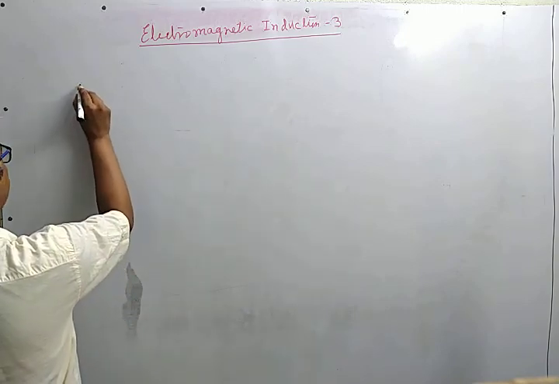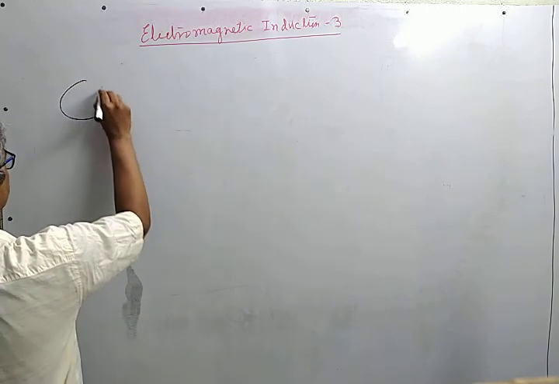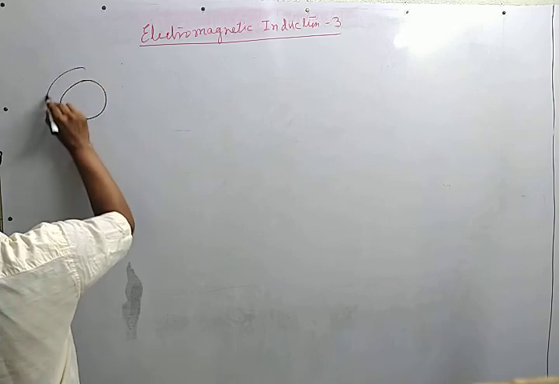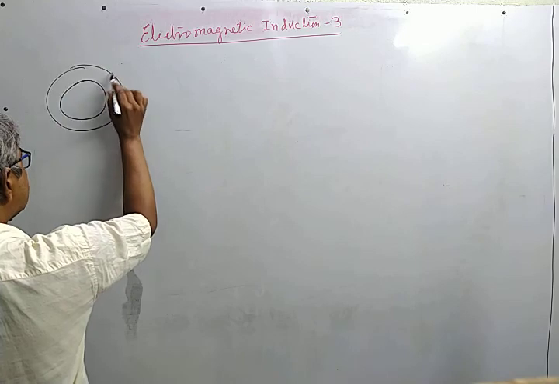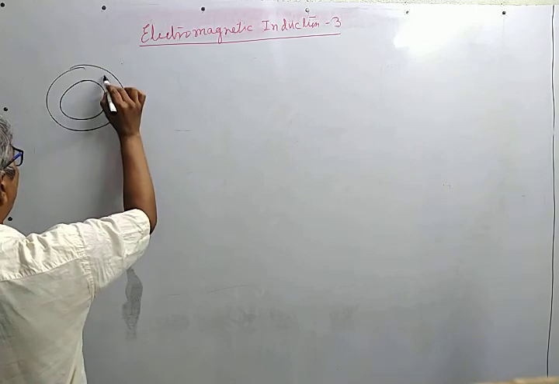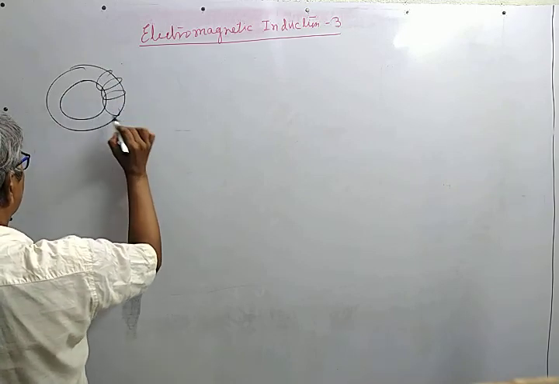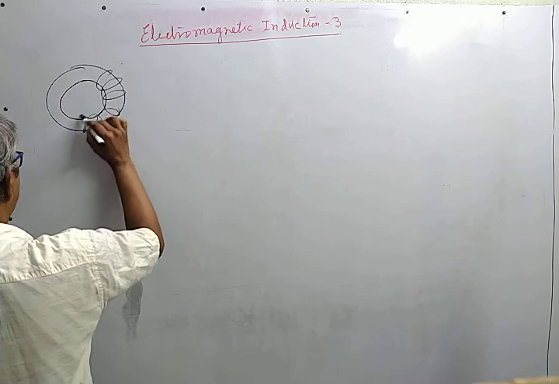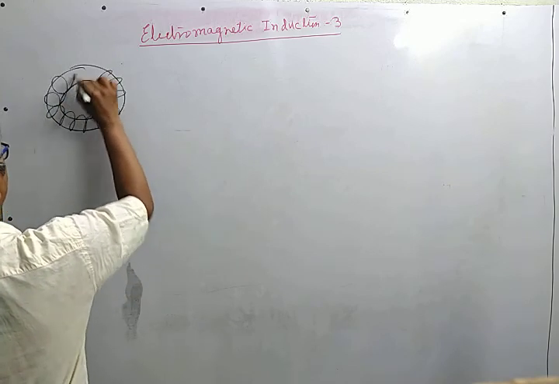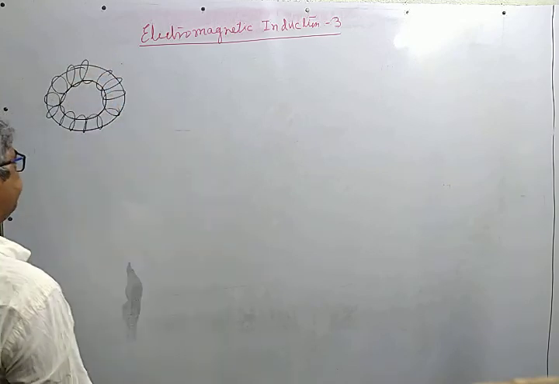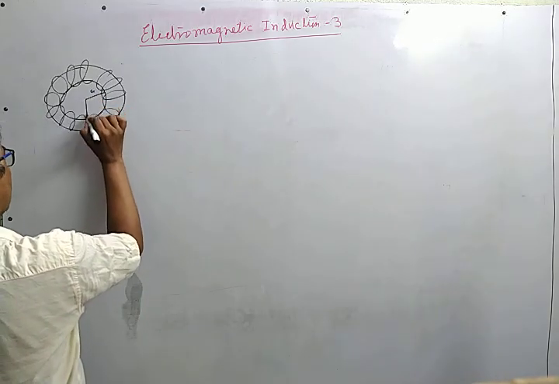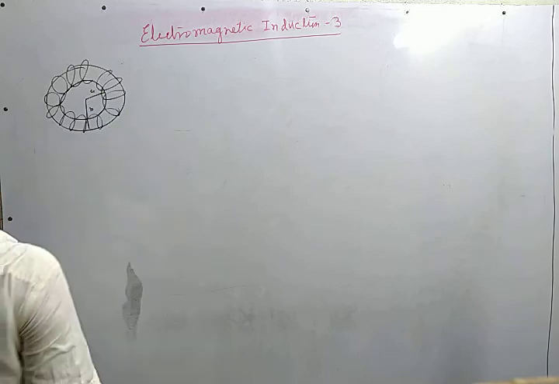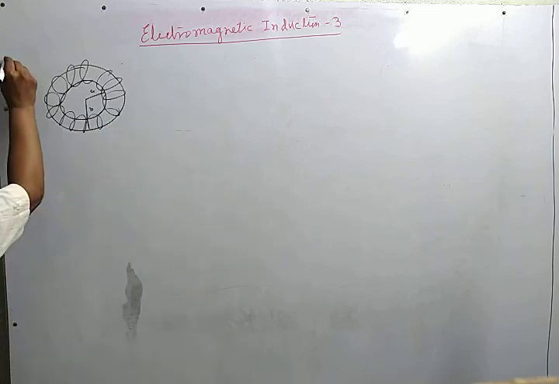A toroid generally consists of an inner circle and an outer circle, with a wire wound over it and the current flowing through it. Sometimes it is called an endless solenoid. The inner radius is A and the outer radius is B. This is the toroid.